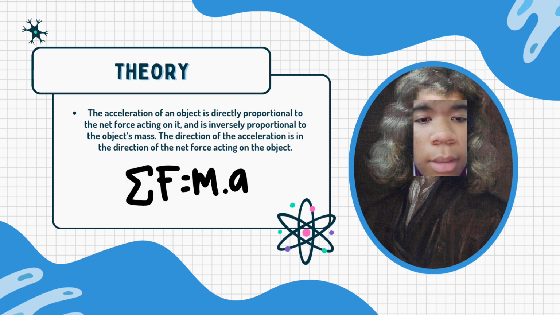The direction of the acceleration is in the direction of the net force acting on the object, where we are using the formula: the sum of the forces equals mass times acceleration.